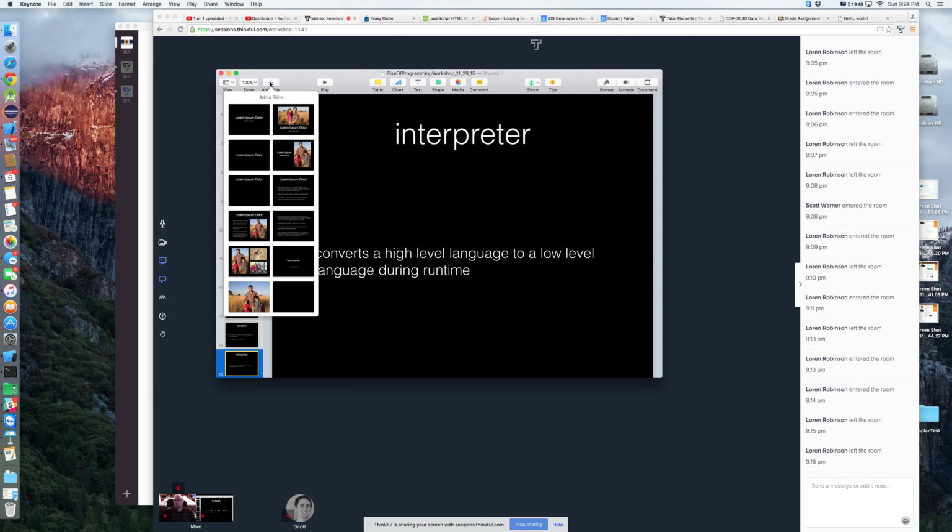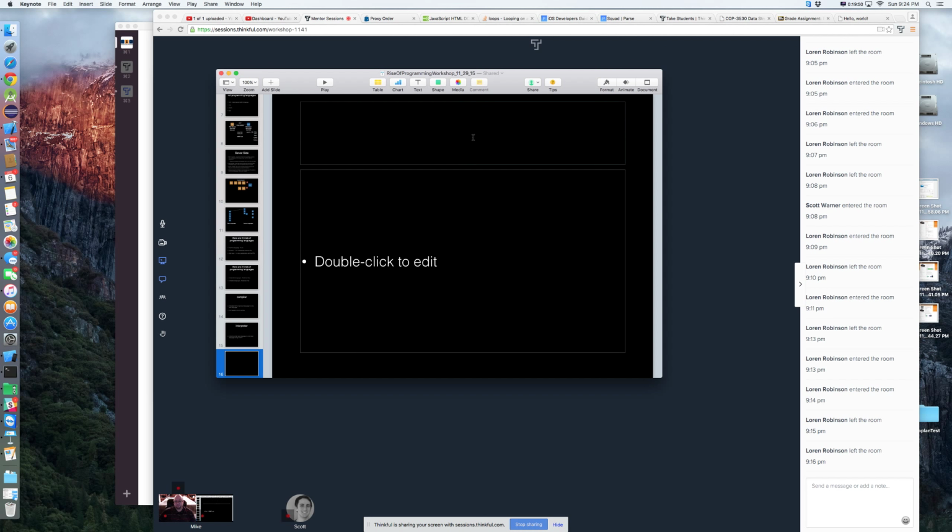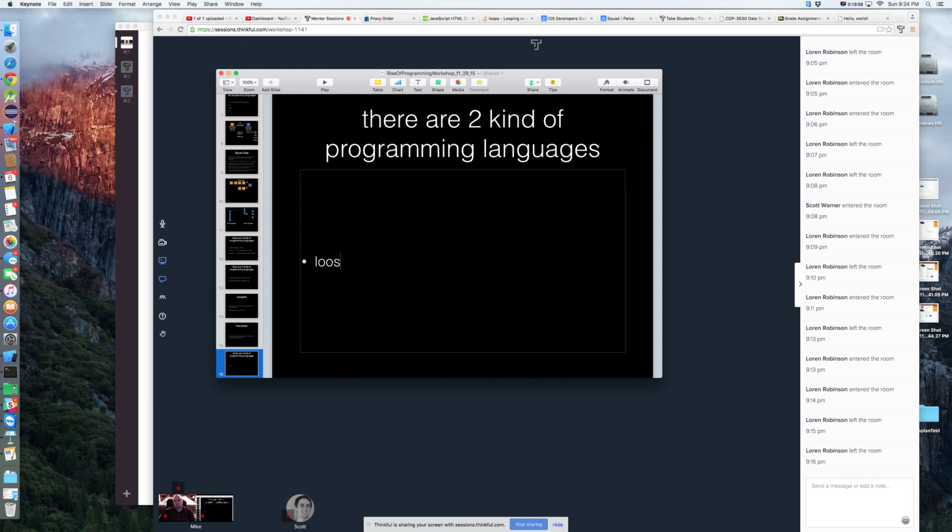Okay, so let's see. There are two kinds of programming languages. We have loosely typed and we have strongly typed. Loosely typed are relatively slow.